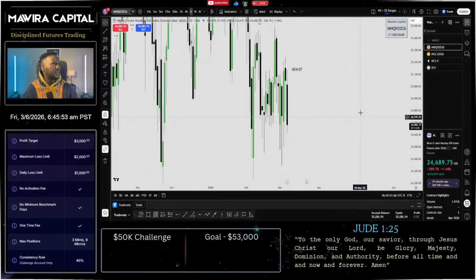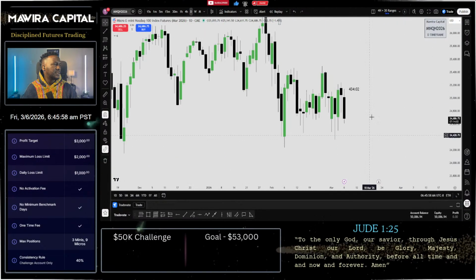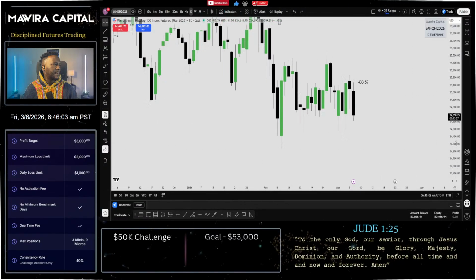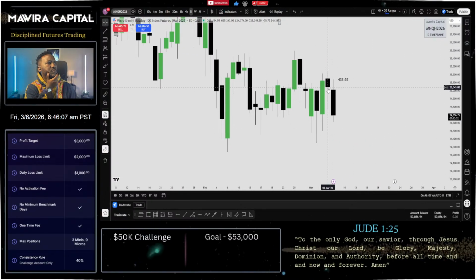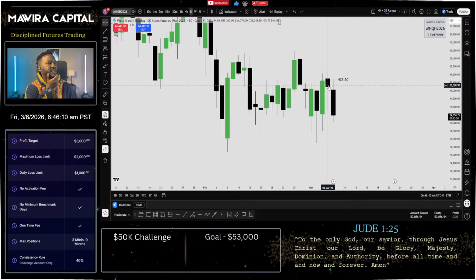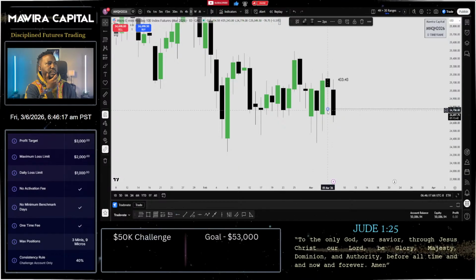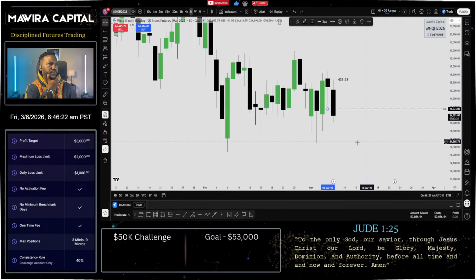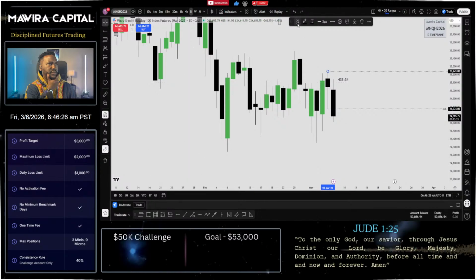So let's just go. I don't like trading the first 15 minutes. That's the gap that we have so far, the opening gap right there. So we just took out the previous day low, previous day high.